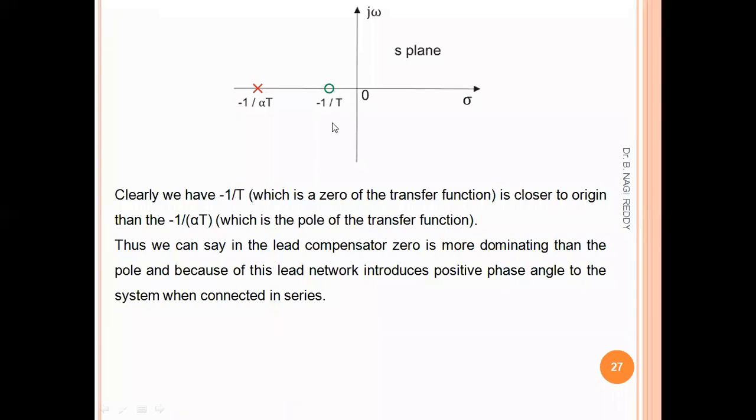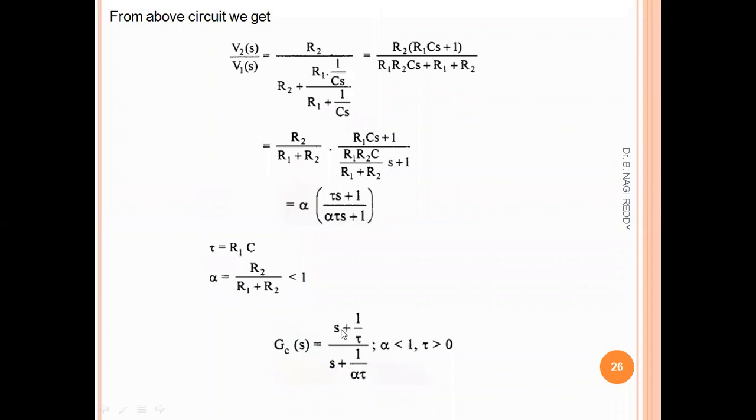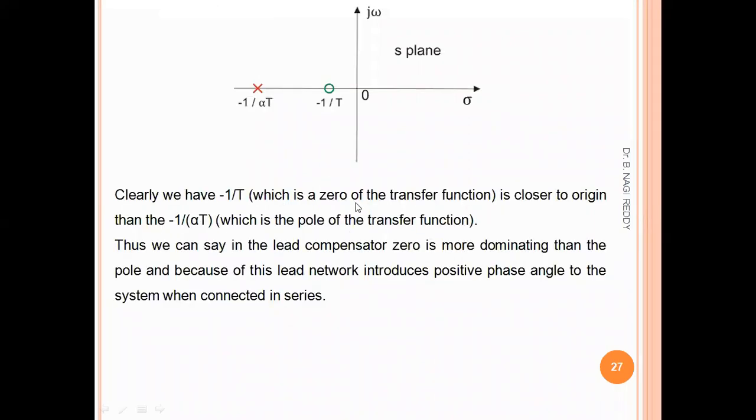Okay, so that's why we can say that minus 1 by t, which is the zero, is closer to the origin than the pole. So that means we can say that in the lead compensator, the zero is more dominating than the pole.